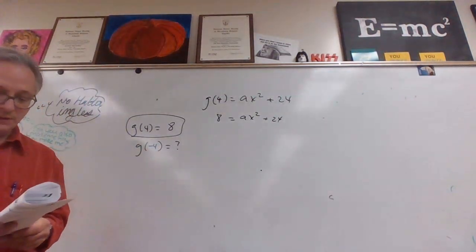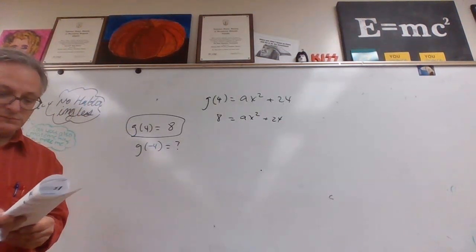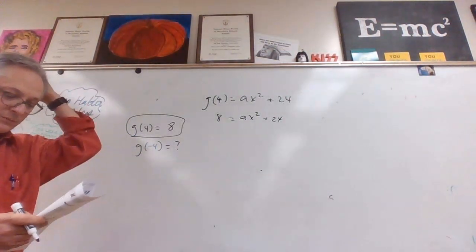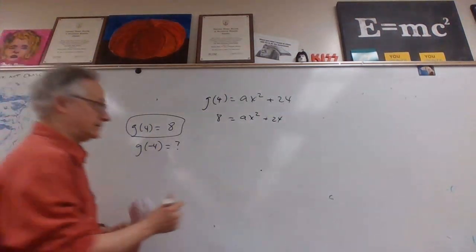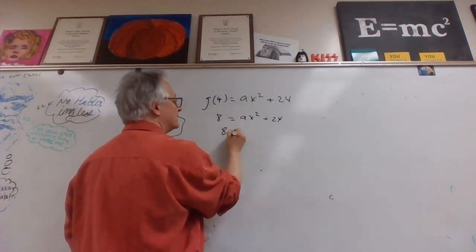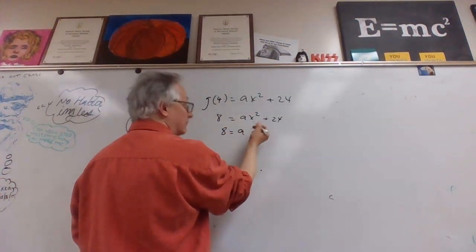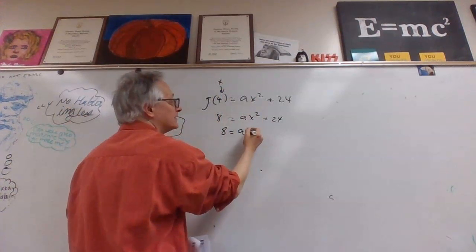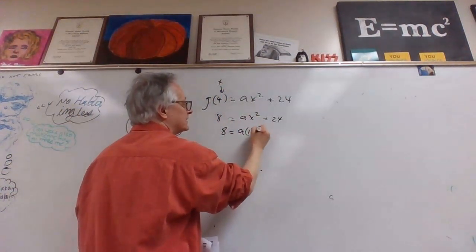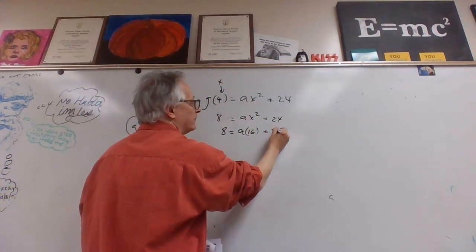So 8 is equal to A times 4 squared, because that's our value for x. So that's 16 plus 24.